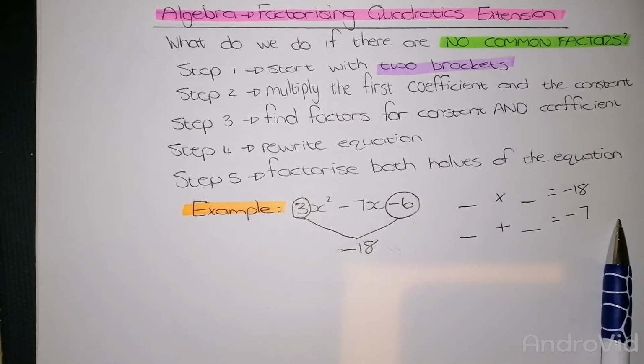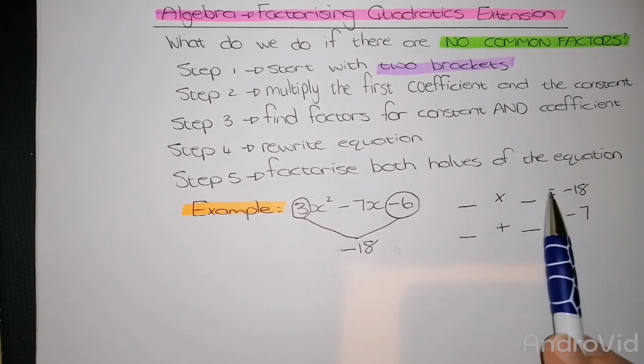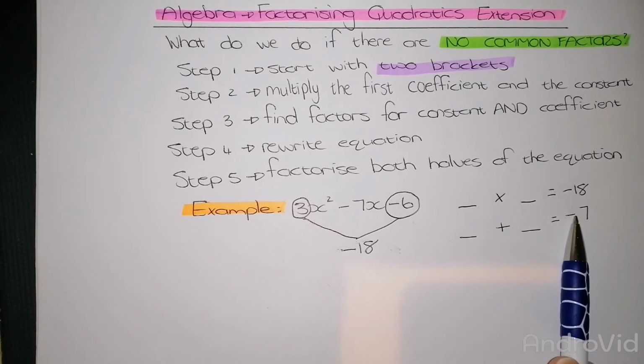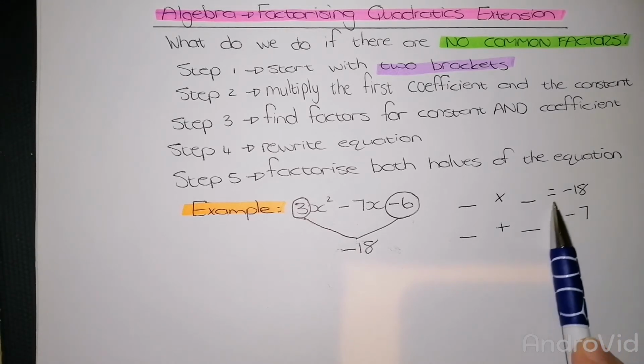The important thing now is to make sure that we use the correct symbol with the correct number. The only way we can get a negative is a positive times a negative. Therefore, one of them will be positive and one of them will be negative. To see which one it is, we look at the 7.